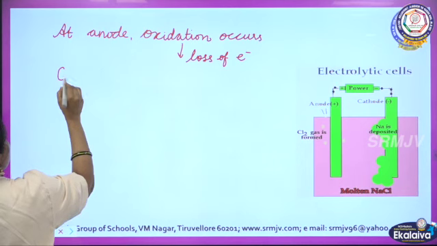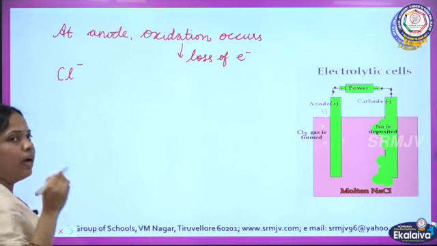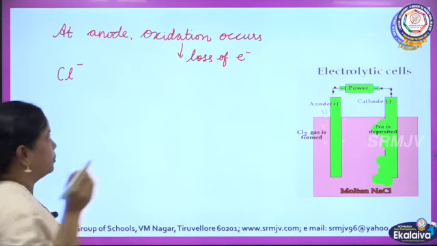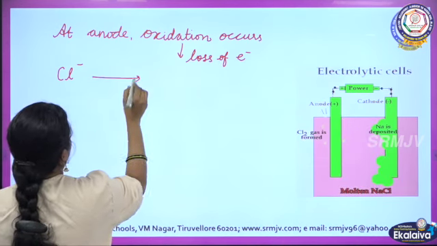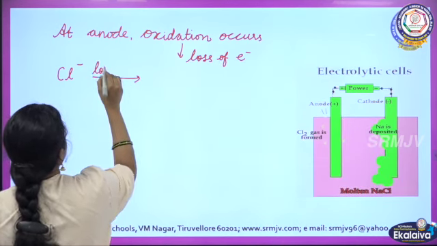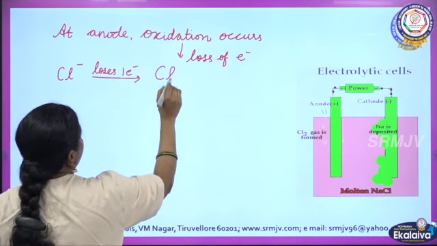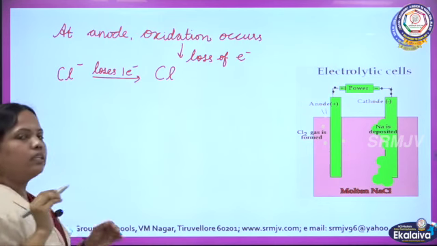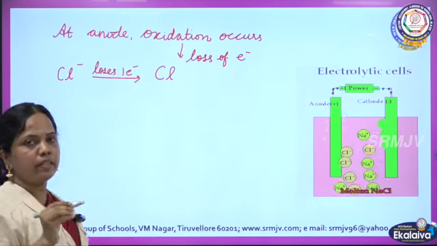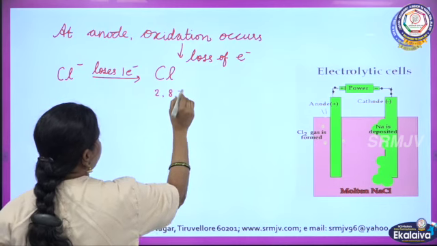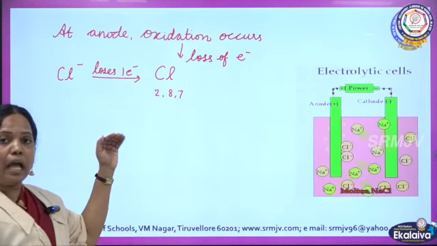So, Cl minus, that is the chloride ion, loses one electron to form a chlorine atom. The atomic number of chlorine is 17 and its electronic configuration is 2, 8, 7. This is for the chlorine atom.